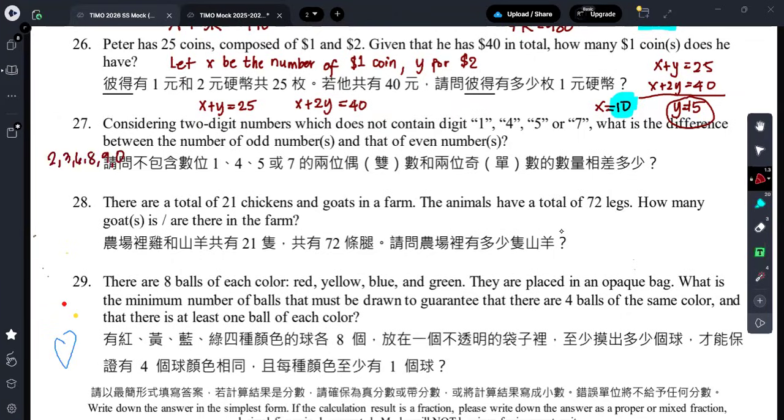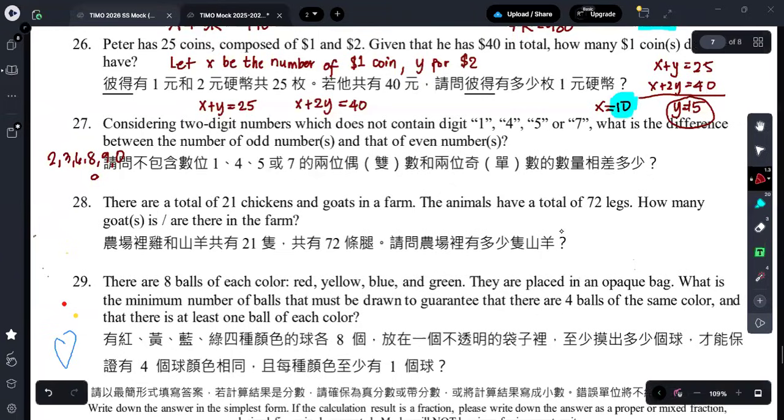What are the odd numbers? Okay, we have 9 and 3. You list all the odd numbers.